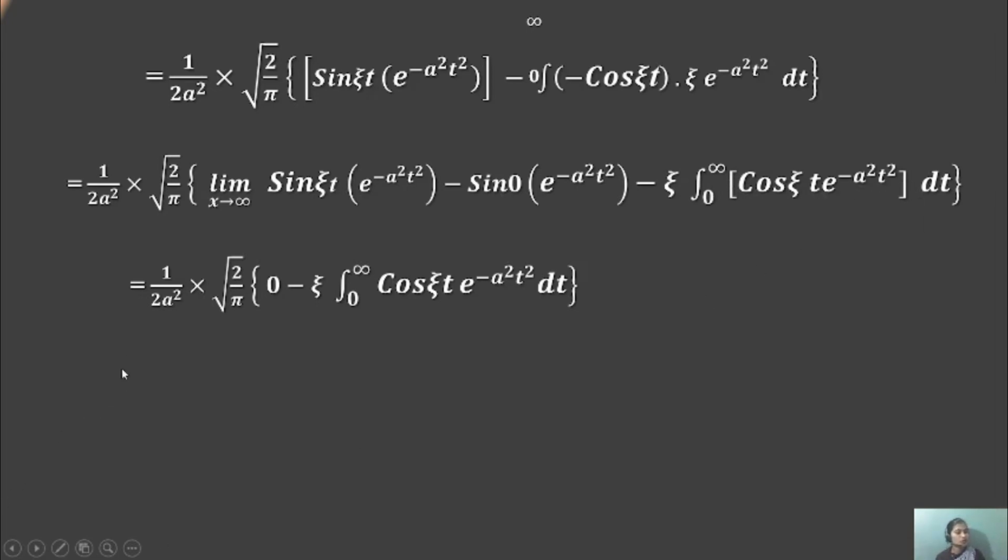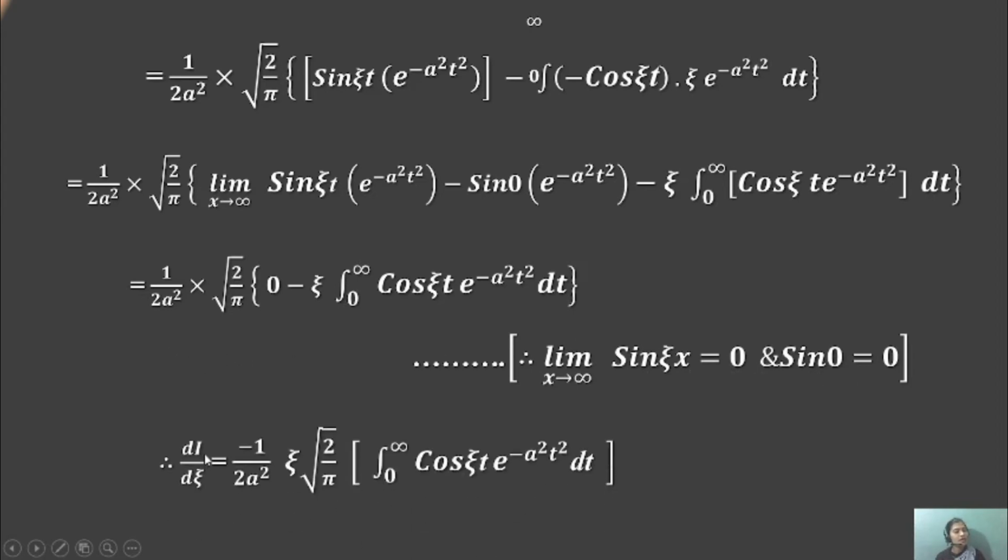Why? Because the limit as x tends to infinity of sin xi x equals 0, as well as sin 0 equals 0. This means dI upon d xi equals minus xi upon 2a square times square root of 2 by pi integral 0 to infinity of e to the power minus a square t square cos xi t dt will be generated.